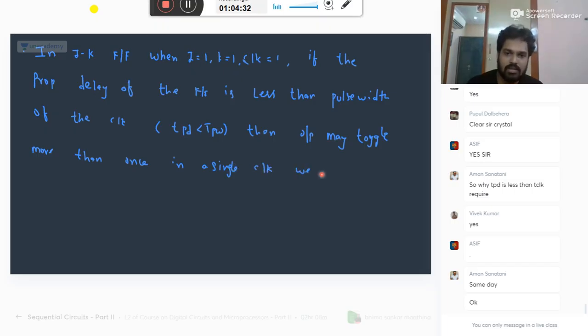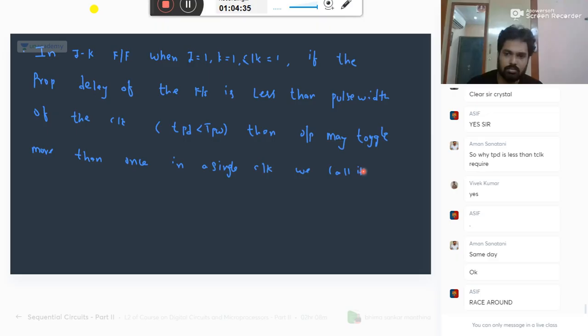We call it the race around condition. Everybody understood this race around condition now?